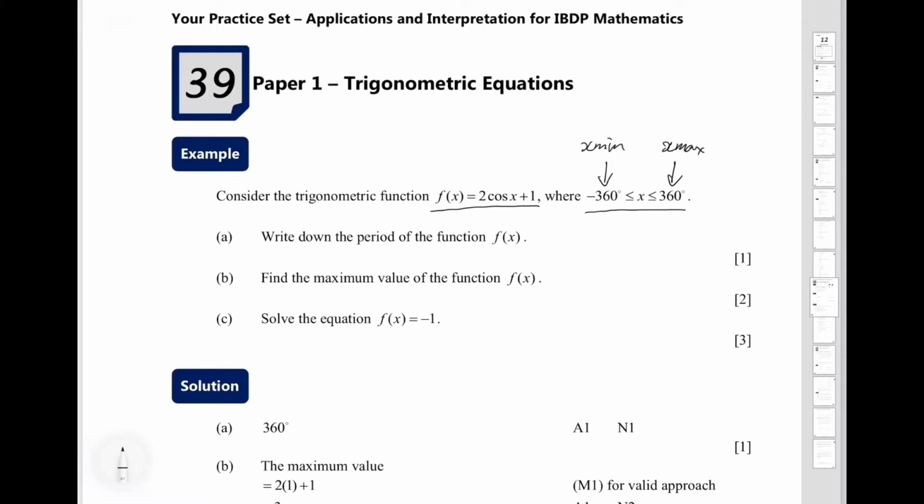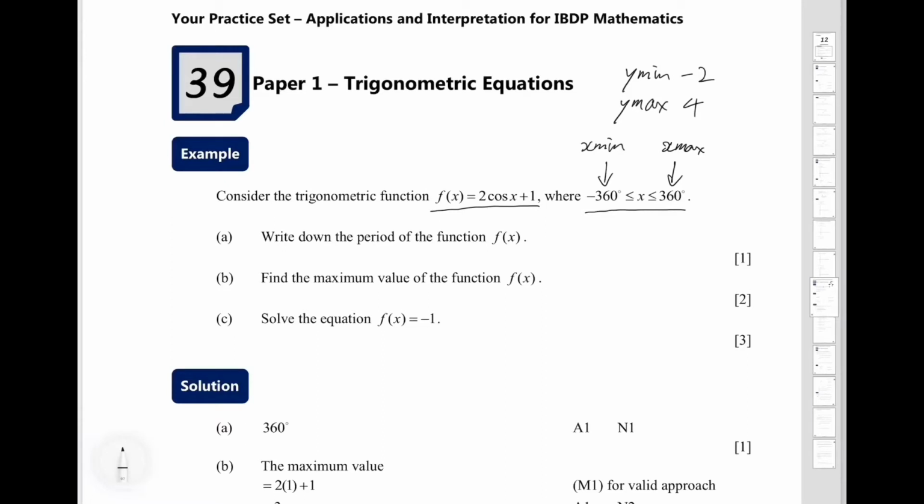Similarly, we can set the range of the y values, that is y minimum and y maximum. For this simple trigonometric function, we can set y minimum to be -2 and y maximum to be 4. Of course, you can use other numbers.